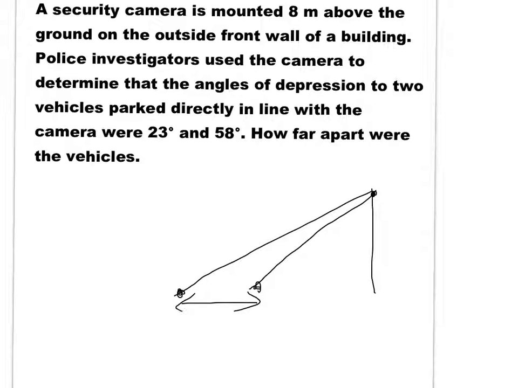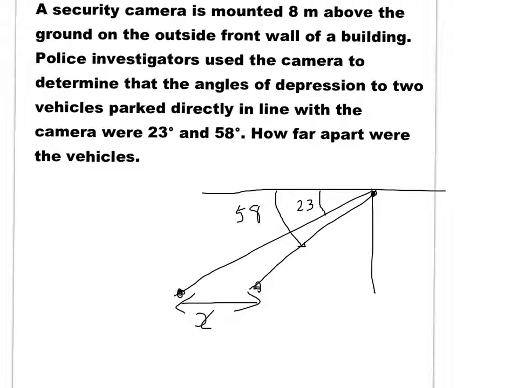So how much is this distance here, x? By definition, angle of depression is the angle your eyesight makes with the horizon. So just by looking at this one, you can easily see that the smaller angle, which is here, has to be 23. And the bigger angle, which is this one, has to be 58.